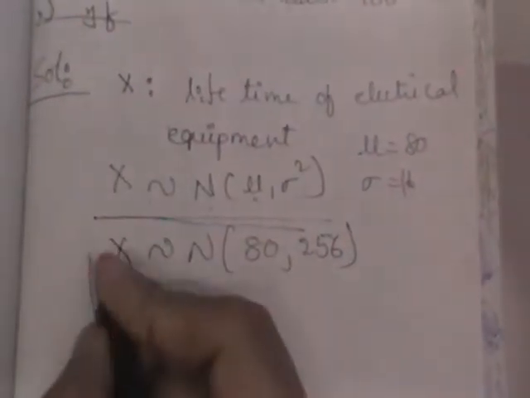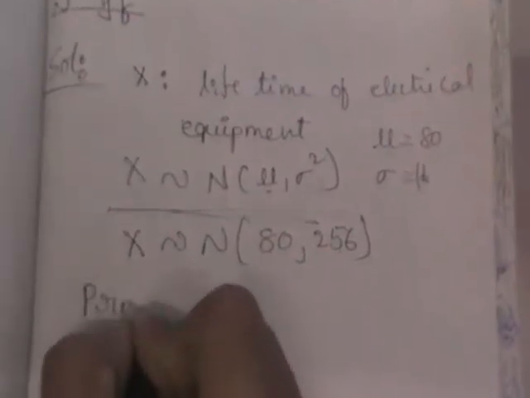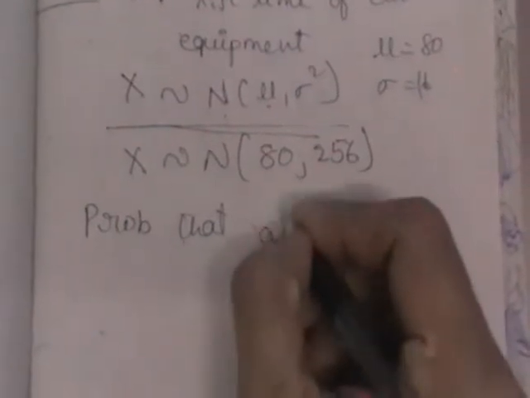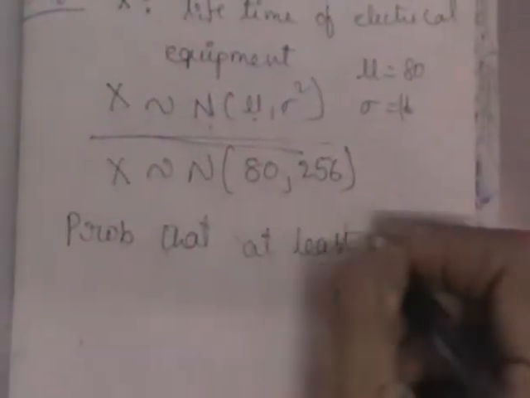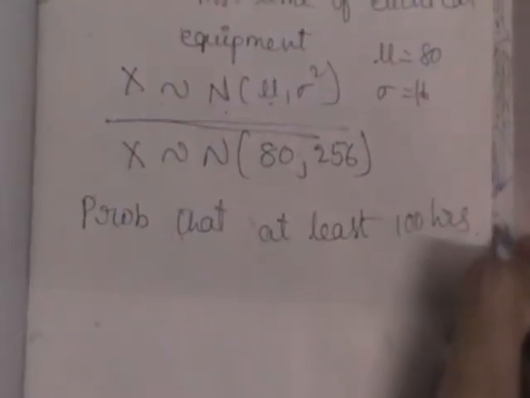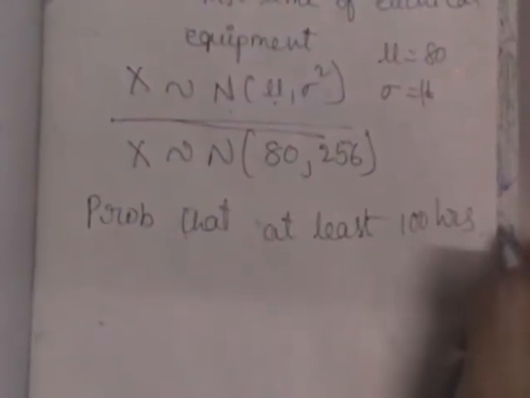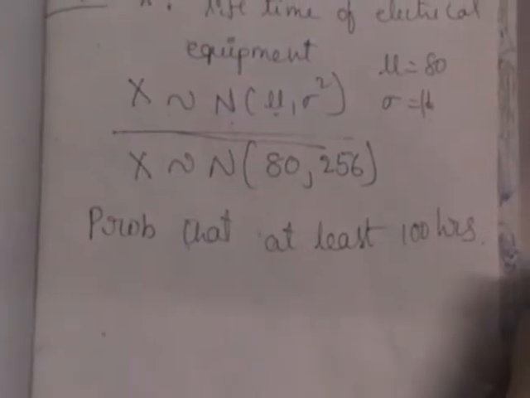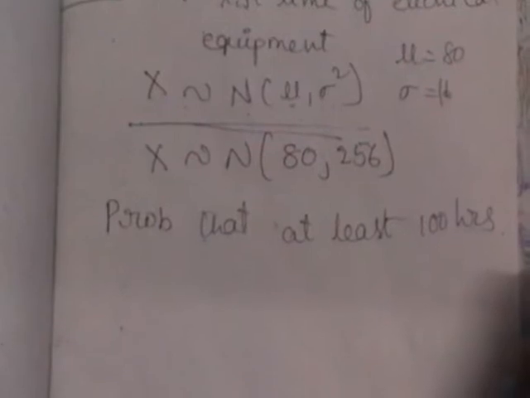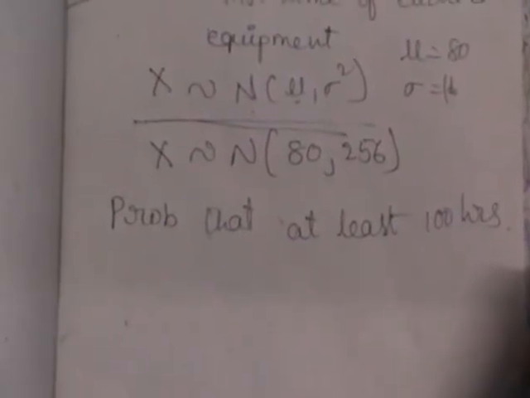What to calculate here? Find the probability that the equipment lasts for at least 100 hours. You need to find out the probability that the lifetime of the equipment is at least 100 hours. What do you mean by the word at least? Generally we come across two words in probability, at least or at most.